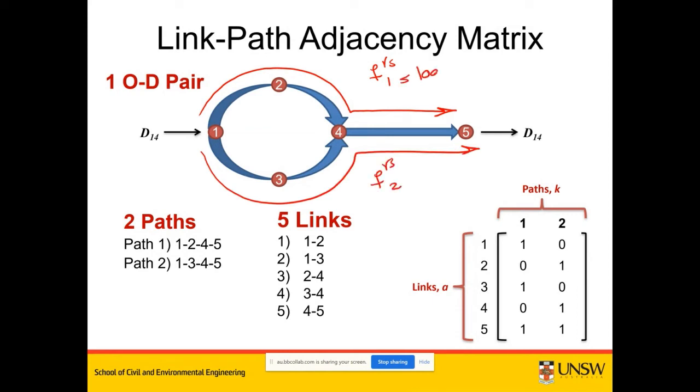Imagine this is 100, and this is 200. Now the question is, what is x5? What is the value of x5? In this example, it's very simple, right? Because you can just visually see that, yes, 100 people plus 200 people. So this would be 300.